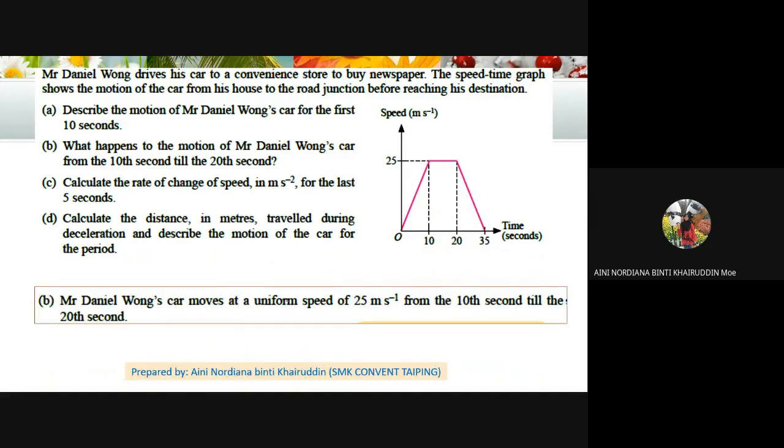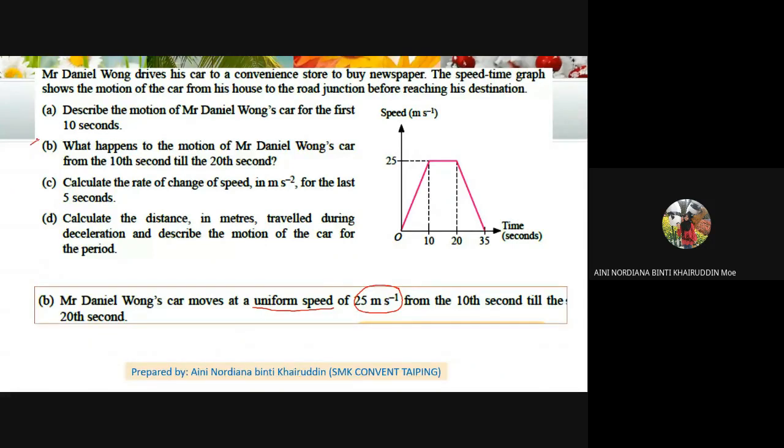Uniform speed. So Mr. Daniel Wong's car move at uniform speed of 25 meter per second from the 10 second until the 20 second.